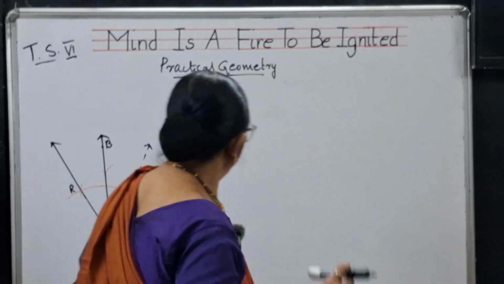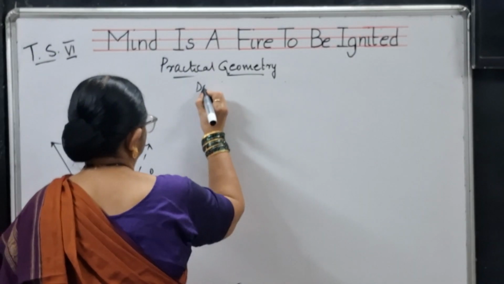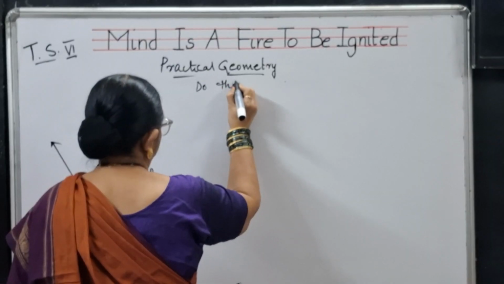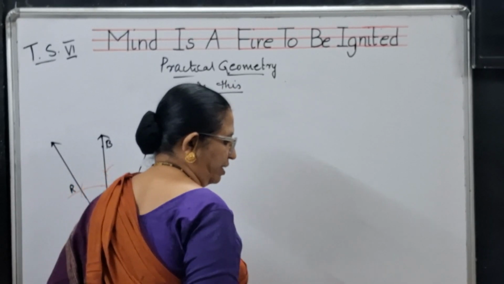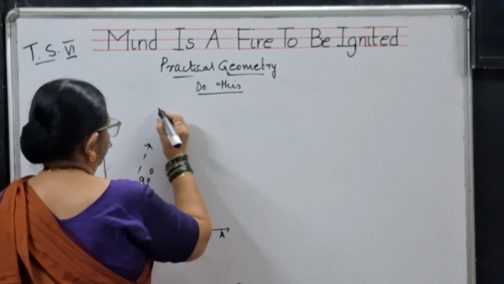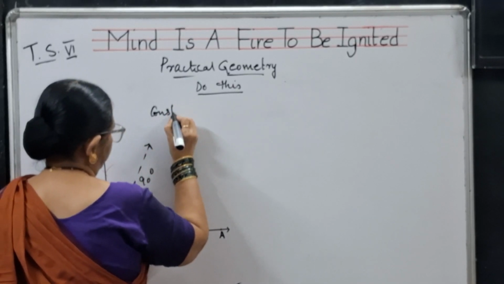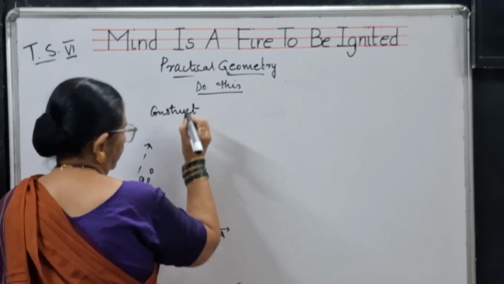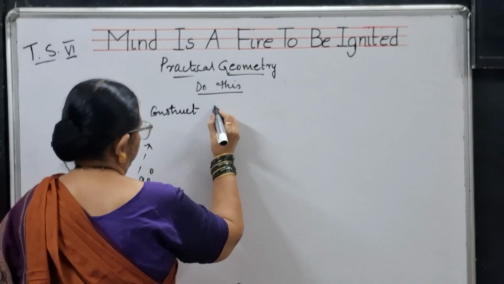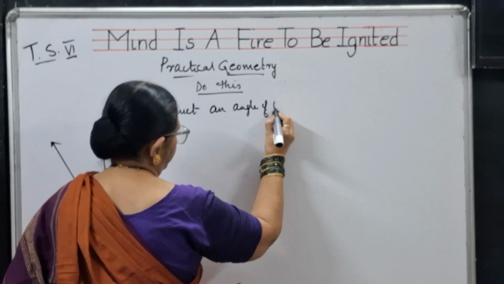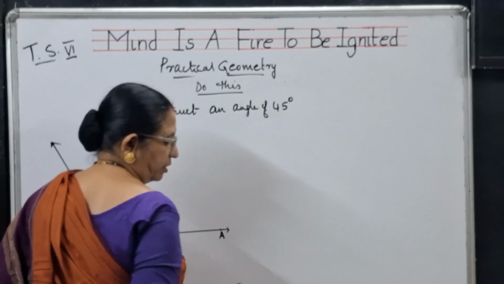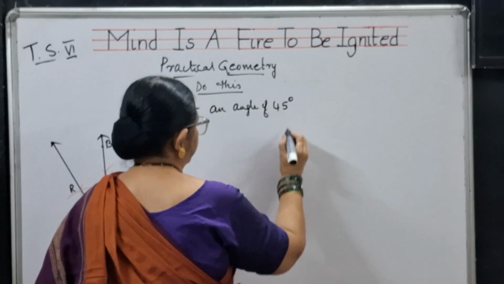Now do this sum, children. You need to construct an angle of 45 degrees using compasses.